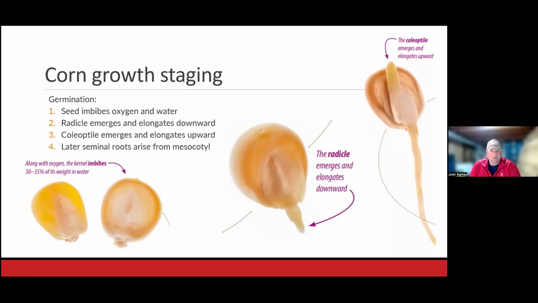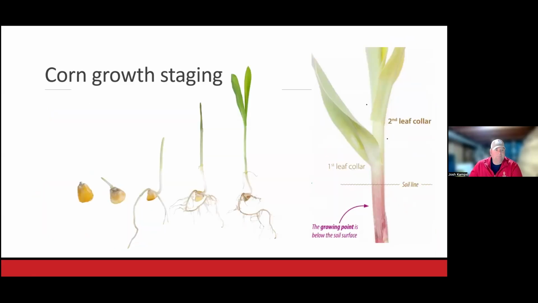All right, so a couple of good pictures here from the corn guide at UW-Madison, so that we can understand what that looks like underneath the surface of the soil. Corn growth staging, though, is really based off of the leaf collars.